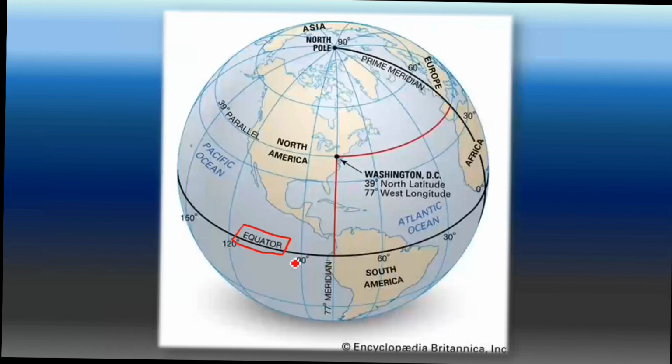The equator is here, and here is Washington, D.C. Remember, the latitude is from the equator towards the point. If you look at the angular distance, it is more than 30 degrees. Here is the 30 degrees, so it is 39 degrees.